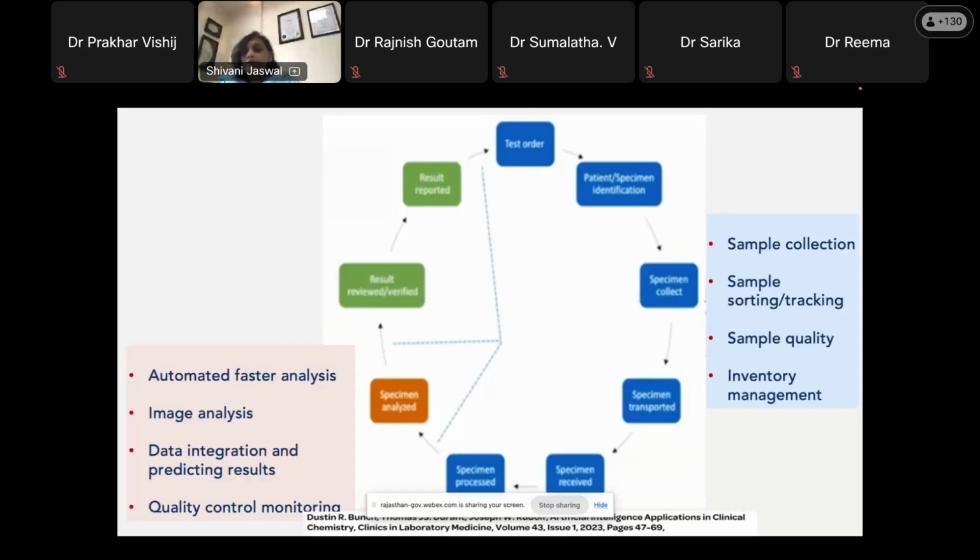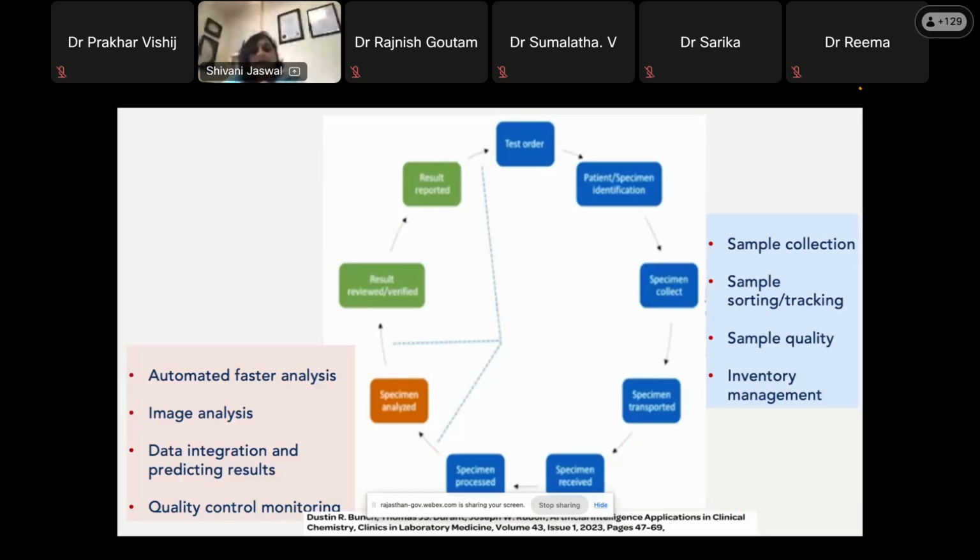Now in the analytical phase, again, these models can be used for, and in fact have been researched or developed for, processing of complex data so that faster results or faster analysis can be done, especially where the data is very huge, like in genomic sequencing data.